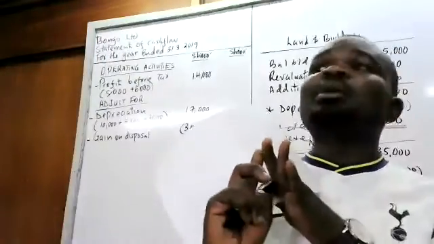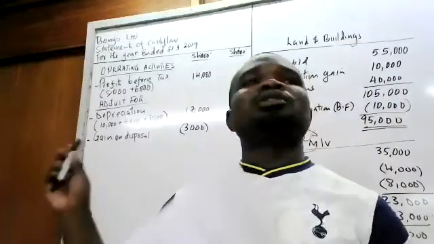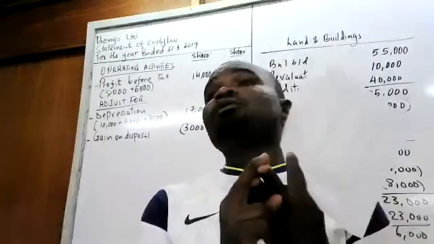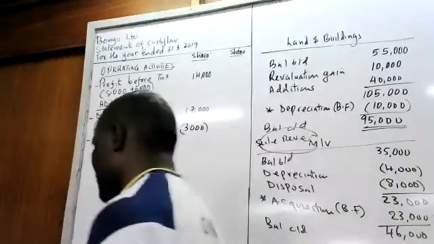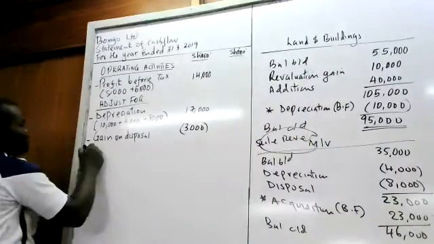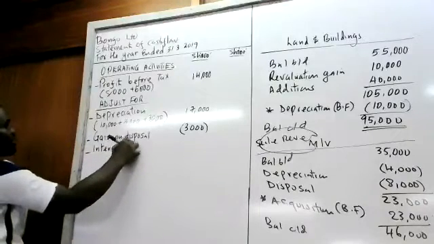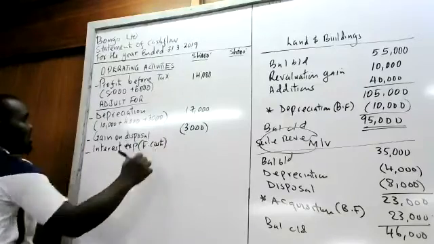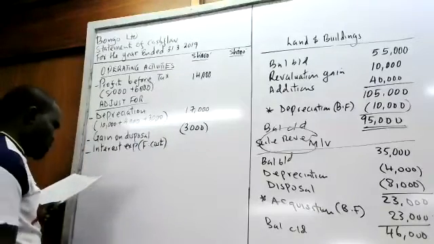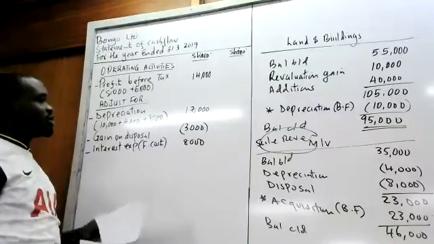Any expense apart from those 3, you add back. So you come here and say interest expense, popularly known as finance cost. How much is this? 8.